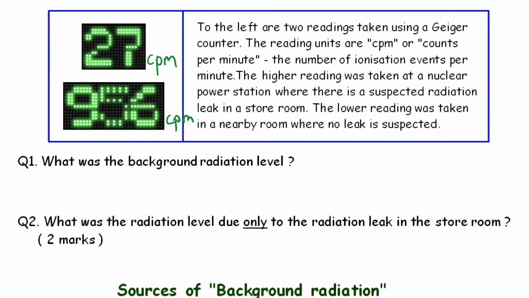The lower reading was taken in a nearby room where there was no leak. So where there's no leak, that's what we would class as our background radiation. And we need to take away that background radiation to get a true measurement of the radiation due to the leak.